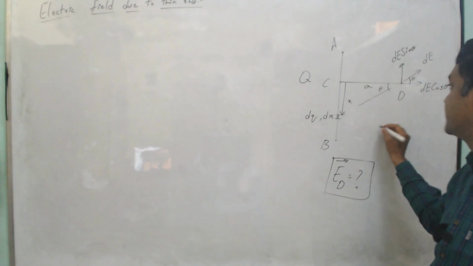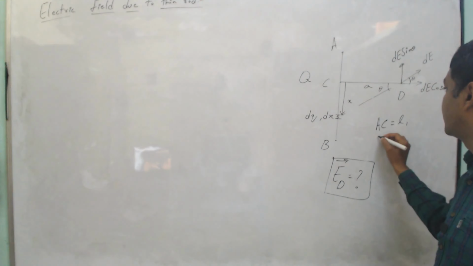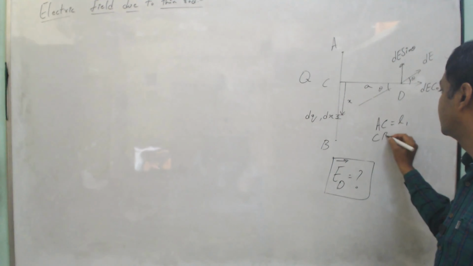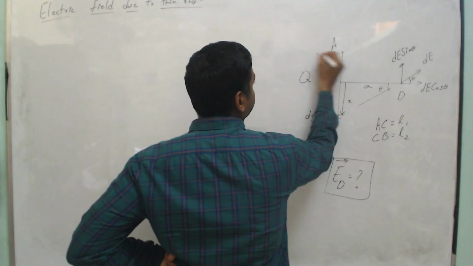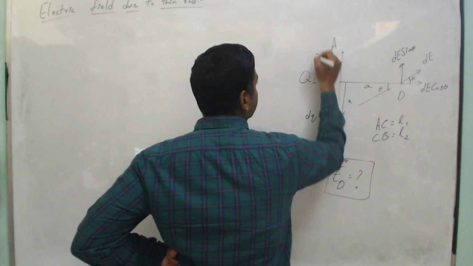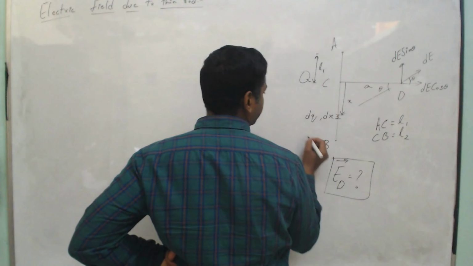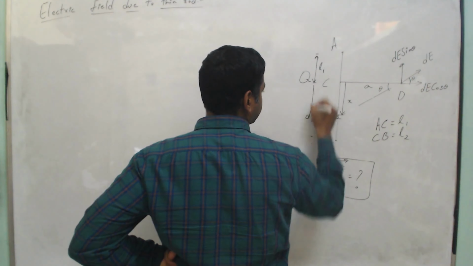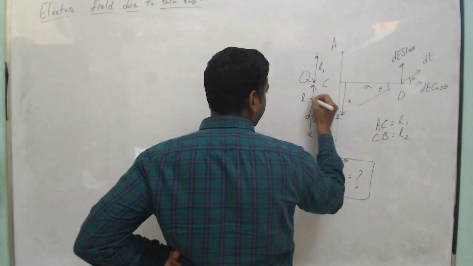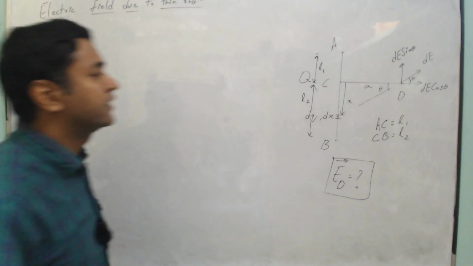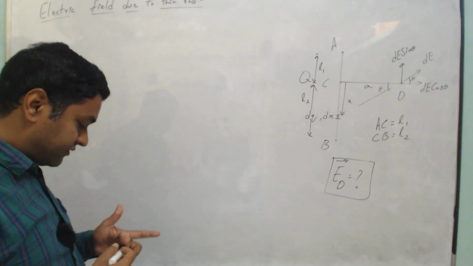So let us say it is given that length AC is L1 and length CB is L2. That means from here to here it is L1 and from here to here it is L2. So these are the given things.